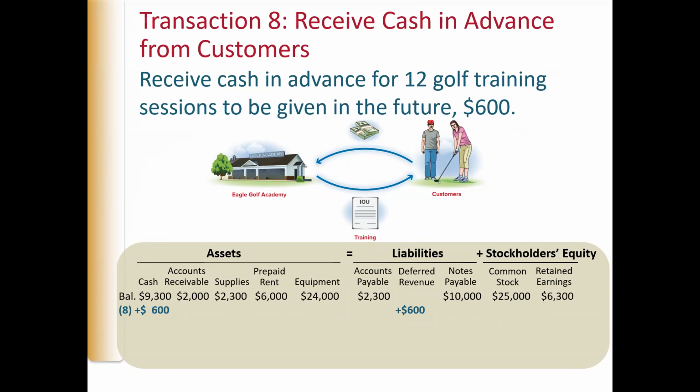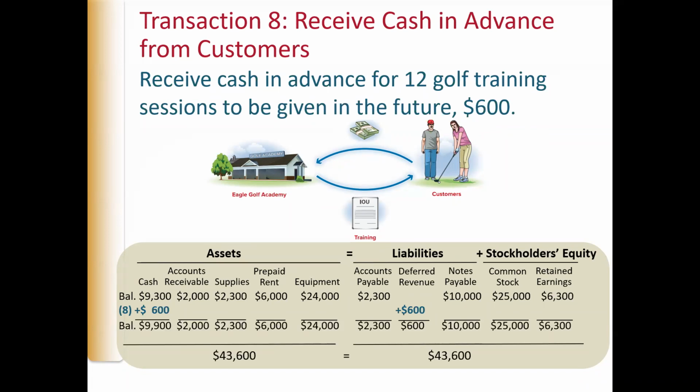We got the money without doing the revenue, providing the service. This is when we have what we call deferred revenue. We owe a customer something. We owe them some golf lessons, don't we? That is why it's a liability.